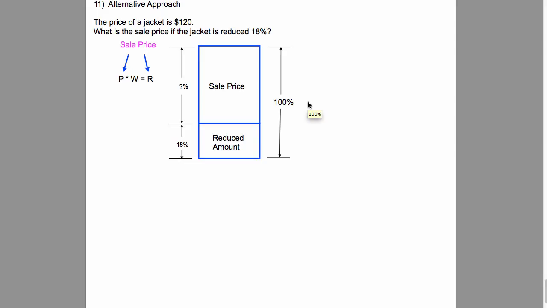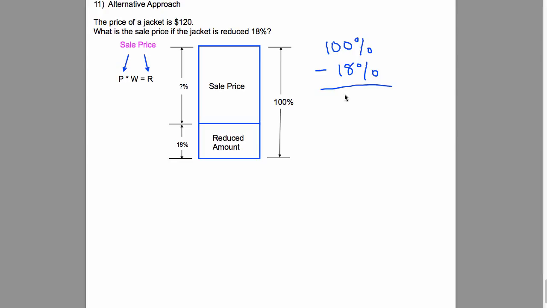Now, if they take off 18%, if the reduced amount is going to be 18%, then the percent you pay is 100% minus the 18%.